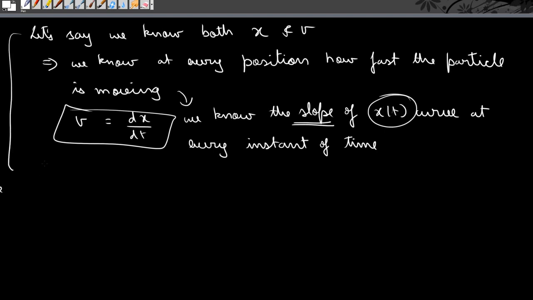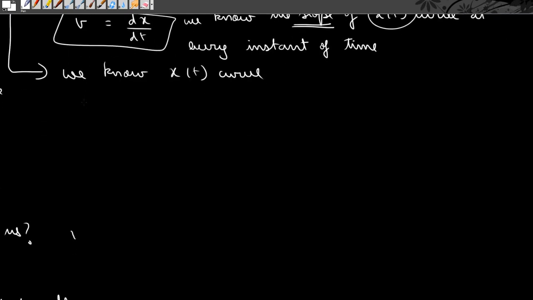So this is the same as saying that we know the xt curve. And once we know the xt curve, this is the familiar distance time graph.